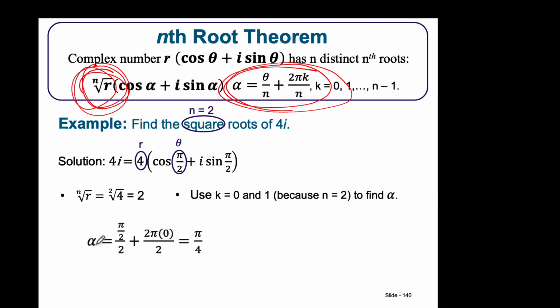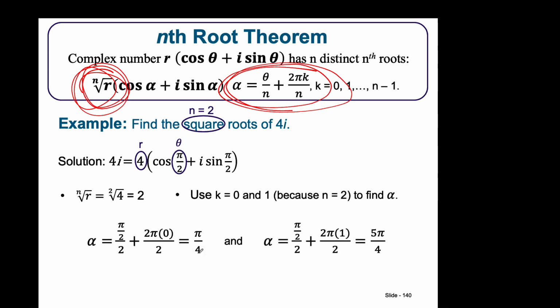So for that, alpha is going to be equal to the original theta, which is pi over 2, divided by n, which is 2, added on to that 2 pi, and we're starting with k equals 0, over n. If you simplify this, you get pi over 4.